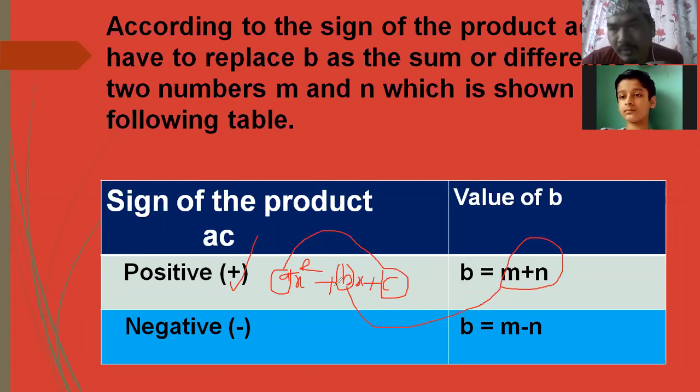Understood? Similarly, when we multiply a and c, if you get a negative value, then we get this middle term b by subtracting m and n.